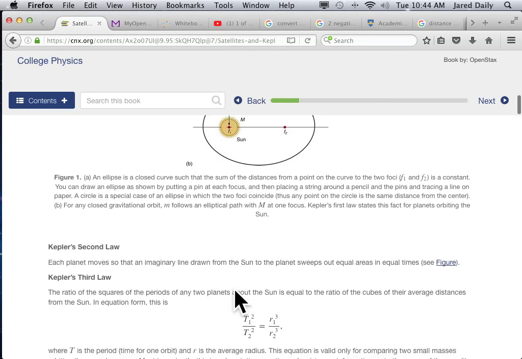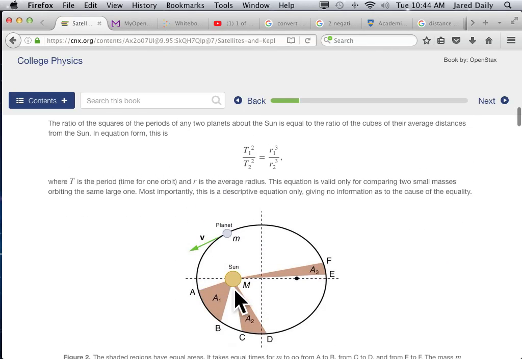But the interesting thing about this is his second law, which says that a planet going around a sun, where the sun is at one of these two points, which we call focuses or foci, will sweep out an area that is the same. So each one of these areas, these pie wedges, is the same for the same amount of time.